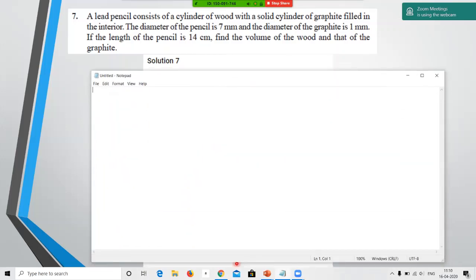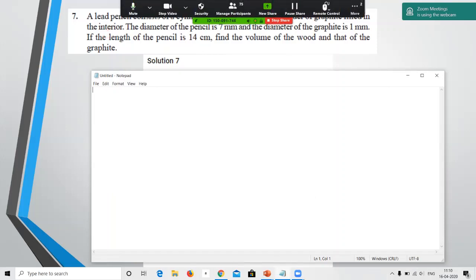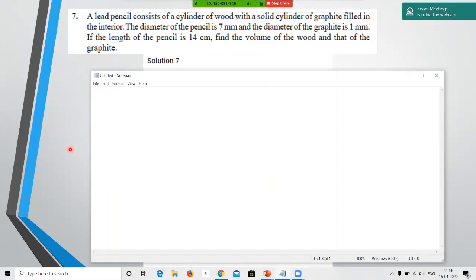What's a lead pencil? What pencils do you use? Not the mechanical one or the steel one. It's a lead pencil, normal pencil. A lead pencil consists of a cylinder of wood with a solid cylinder of graphite filled in the interior.